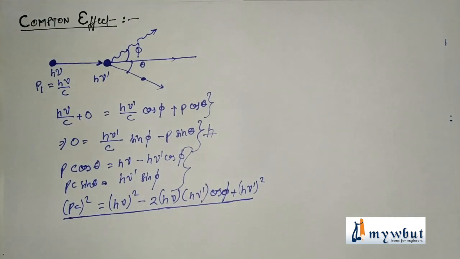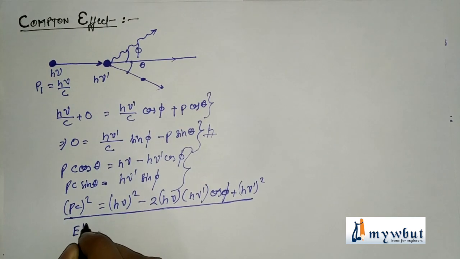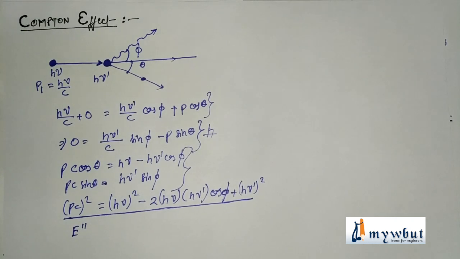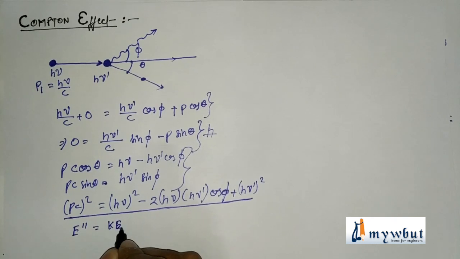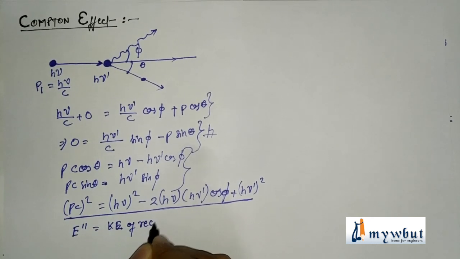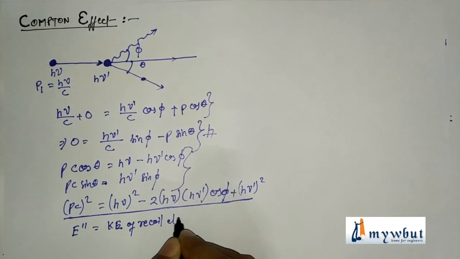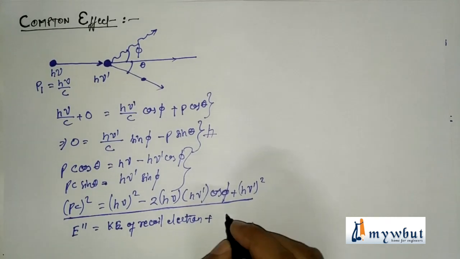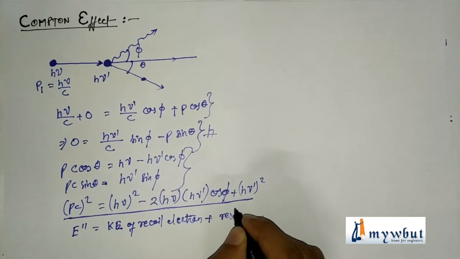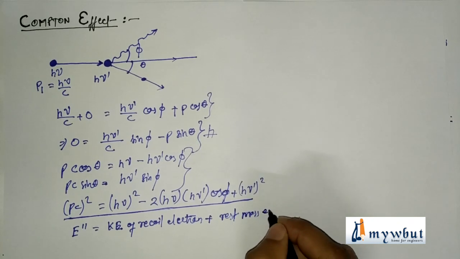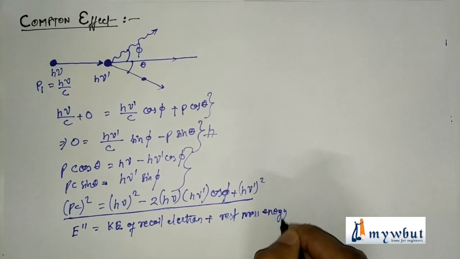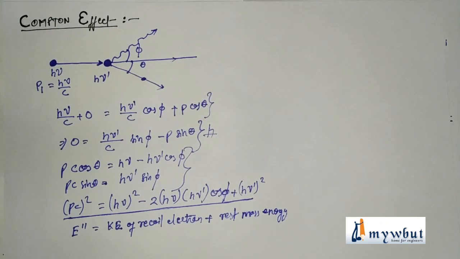Again, applying the law of energy conservation, we get the energy of the recoil electron, E double dash, equal to kinetic energy of recoil electron plus rest mass energy of the electron.